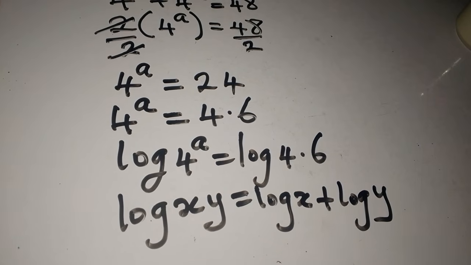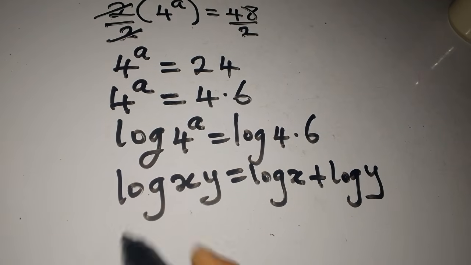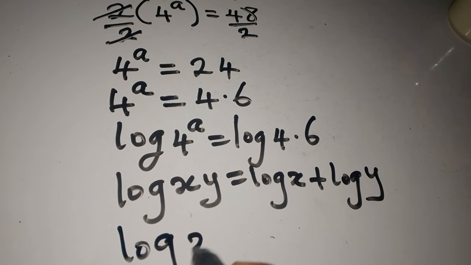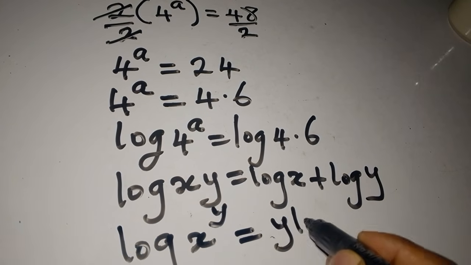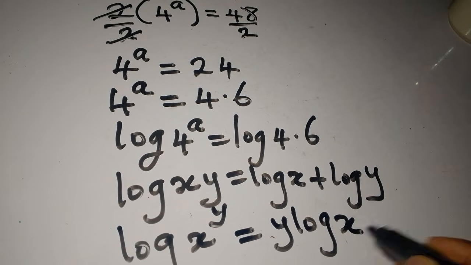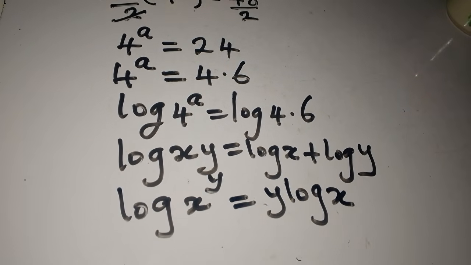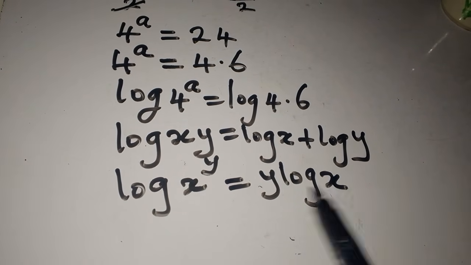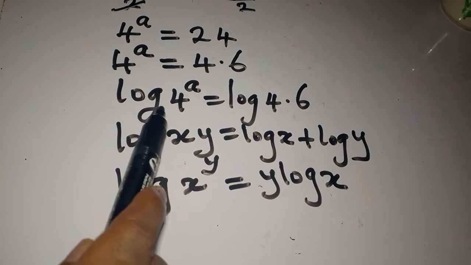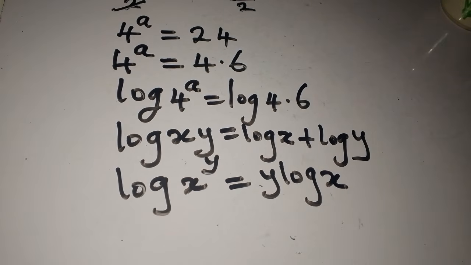Then another law we will look at is this: if you have the log of x to the power of y, this is y log x. Okay, another very important law in logarithm. So this one now will be applicable to the term on the left hand side.